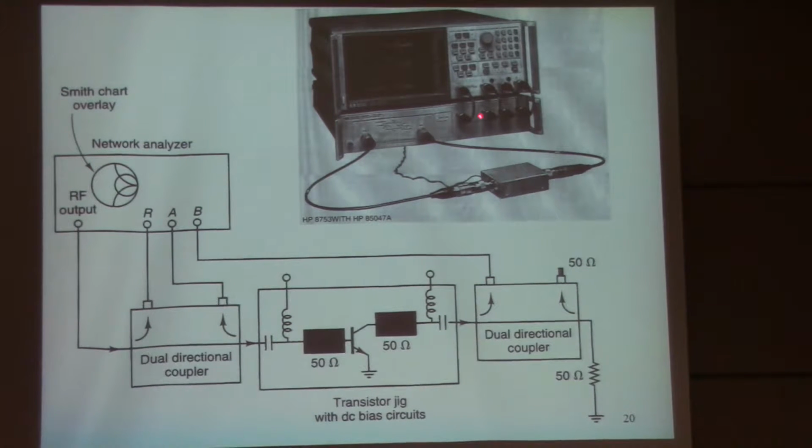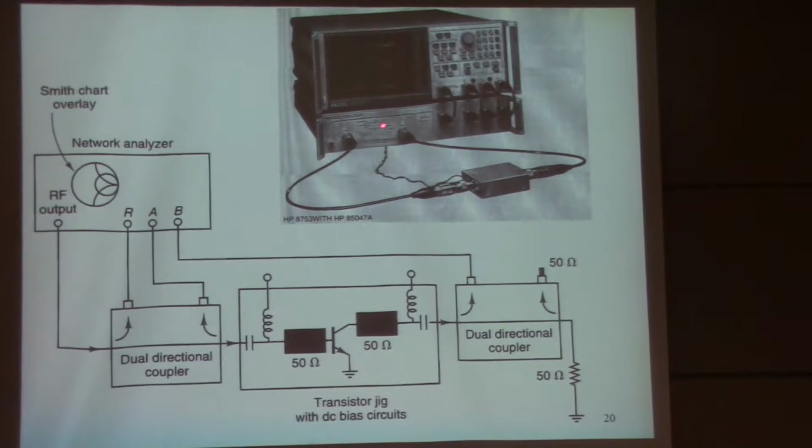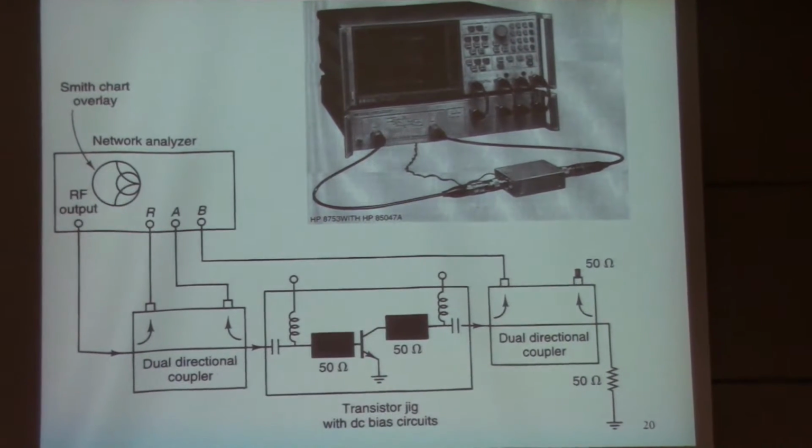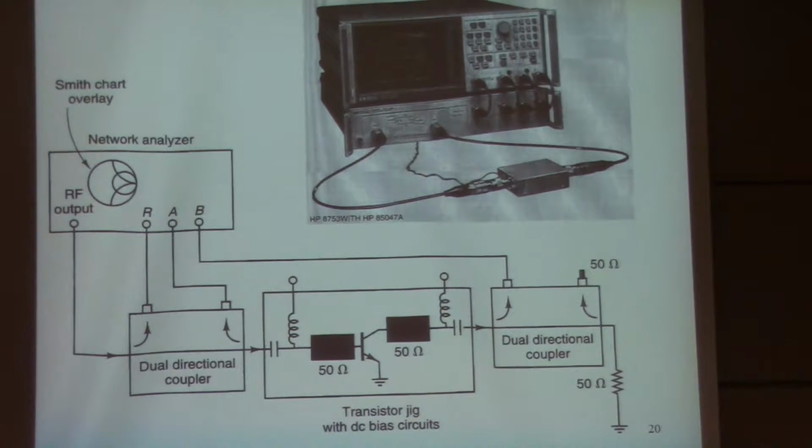Okay, so this piece of equipment is used to characterize all the high frequency electronics components: transistors, resistors, inductors, capacitors. It is also used to measure high frequency circuits, such as the gain of low noise amplifiers, including power amplifiers.